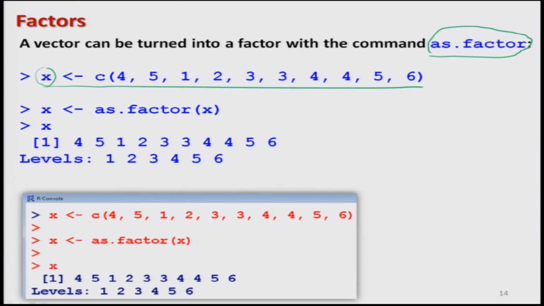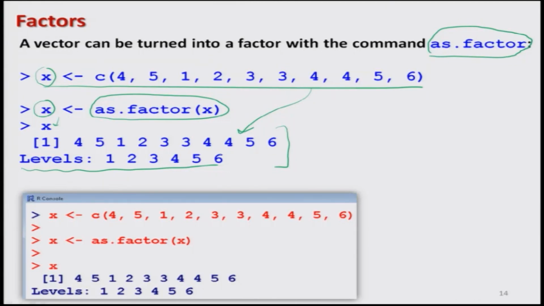So, I try to say as factor x, and I replace my x by this. And now if I try to see x, you can see this comes out to be a different type of thing: here these are the values, but now it is also giving us the labels.